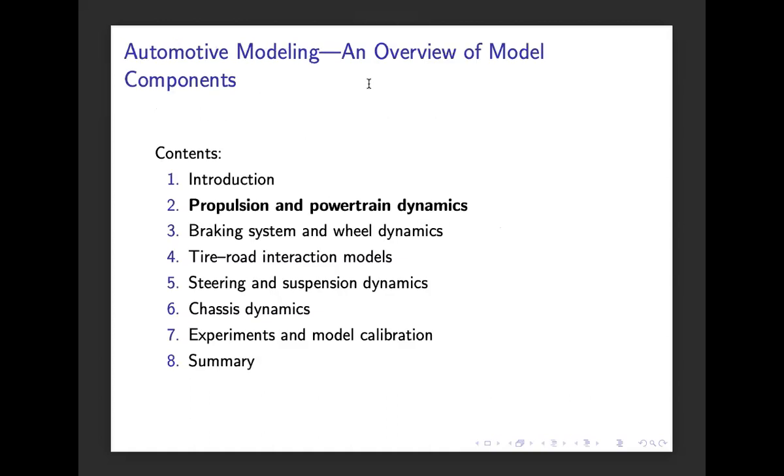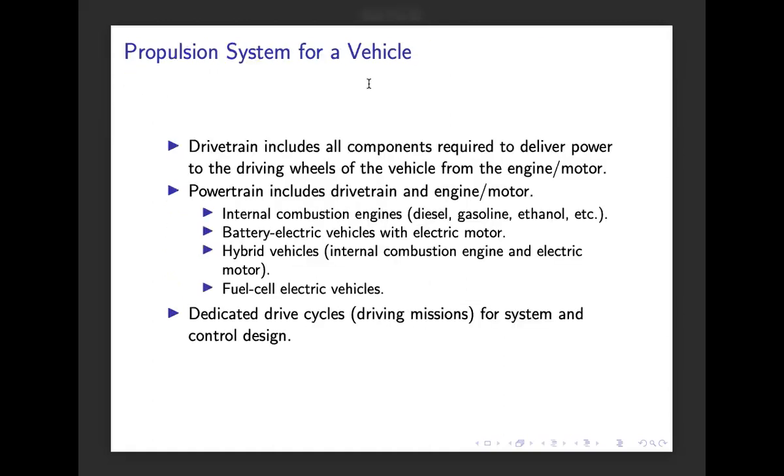So I will start by discussing the propulsion and the powertrain dynamics. The definition of the drivetrain is that it includes all components that are required to deliver power to the driving wheels of the vehicle. It does not include the engine or motor, depending on the kind of power delivering unit that we have in the particular vehicle.